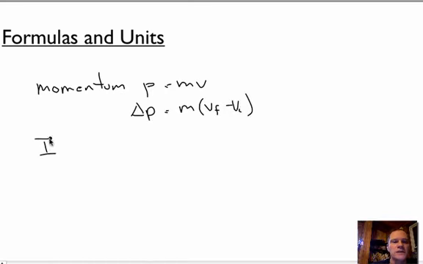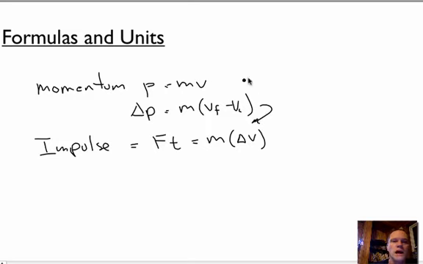And we have impulse equaling force times time, and that can also be found as mass times the change in velocity. Momentum units are kilogram meters per second, and impulse is usually in units of newton seconds, but recognize that both of those units are equal.